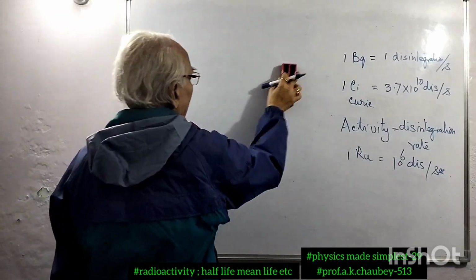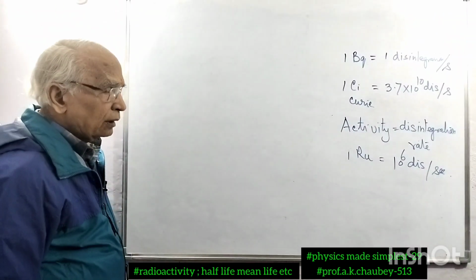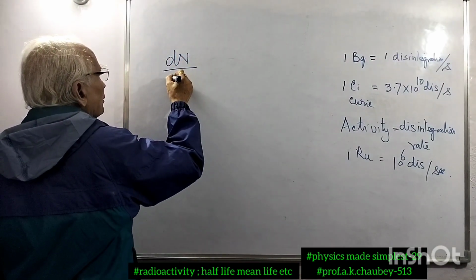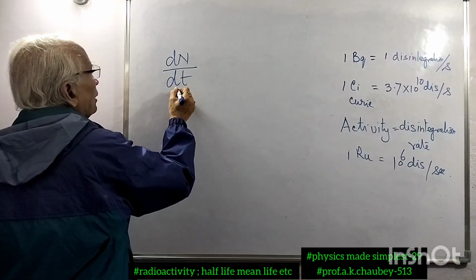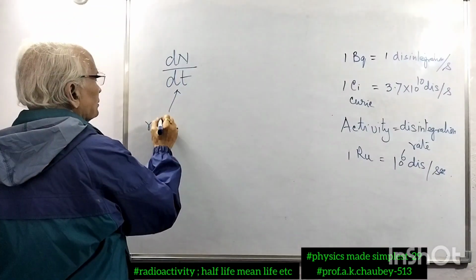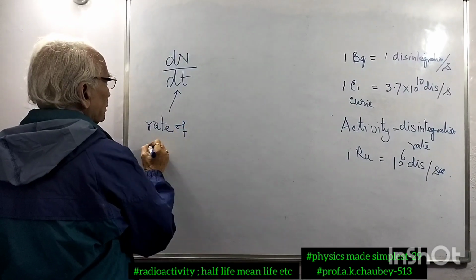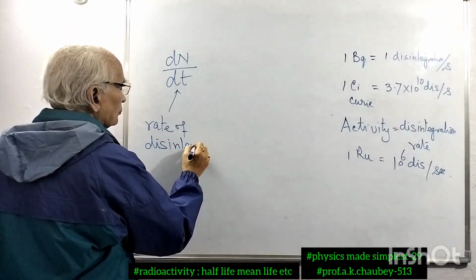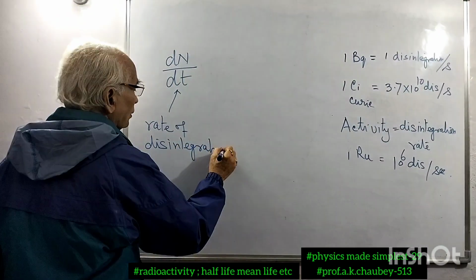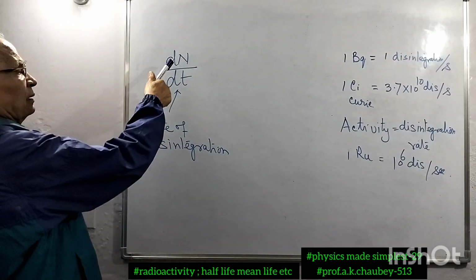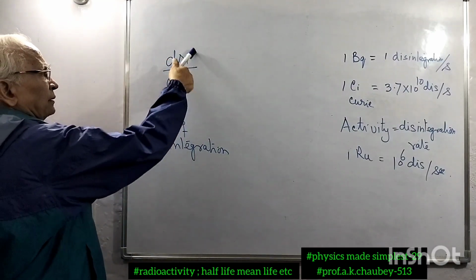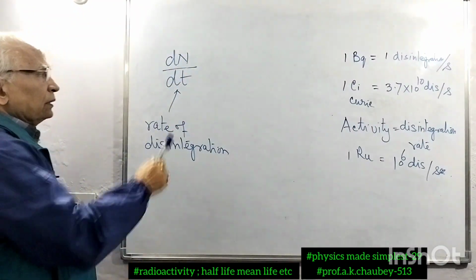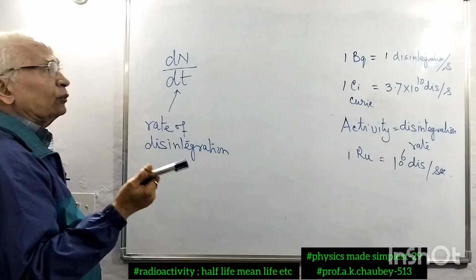It is found that if dN/dt is the rate of disintegration, where dN is the change of nuclei in dt time, so dN/dt means disintegration rate per unit time.